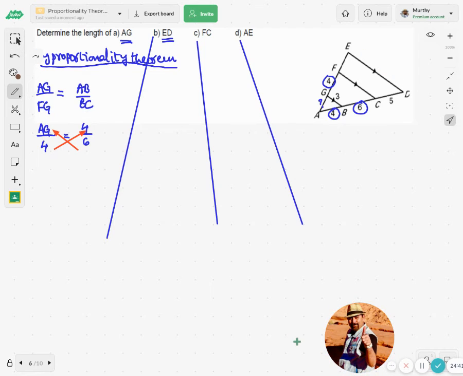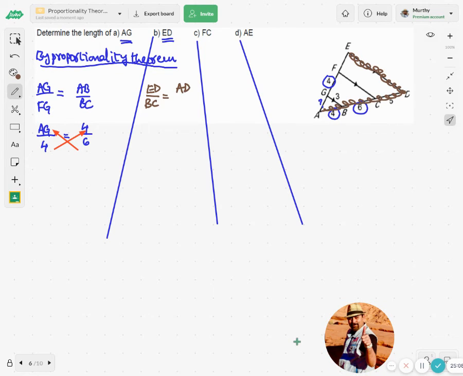So if I want to find the value of ED, let me compare with the known side, which is BC. You can see I'm taking ED, that is one side of the large triangle. Then let me take one side of the other side of the large triangle, which is AD.